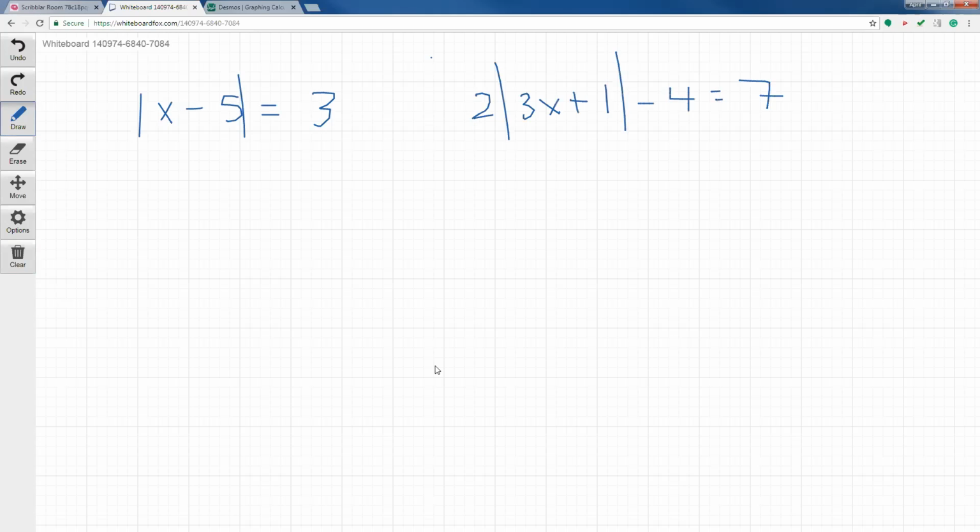We're going to start with this left problem, though, where there's no numbers outside, so we're ready to go to our next step. And what's weird about absolute value equations is once you get these bars alone, you actually have to split this into two separate equations. The reason why is because absolute value is a weird function.